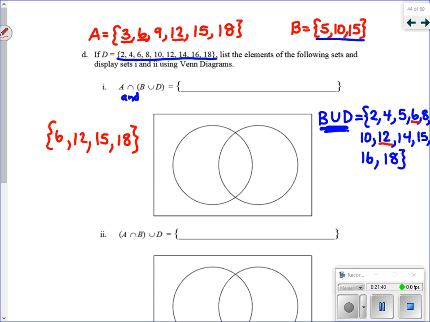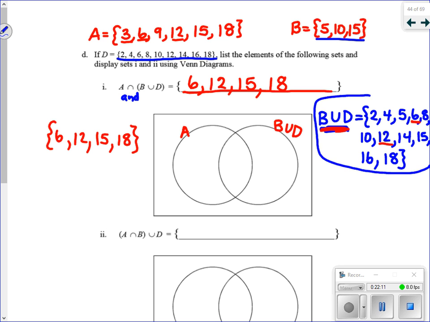Okay. So I wrote it down here. I guess they really wanted us to write it up here. So let's just transfer it up there. 6, 12, 15, and 18 are the elements that would be in the set where A intersects B union D. Okay. Now we have to label this on a Venn diagram. So we're going to do our A here, and this one is going to be our B union D. Okay, and in B union D, we've already figured out all of those elements right here.